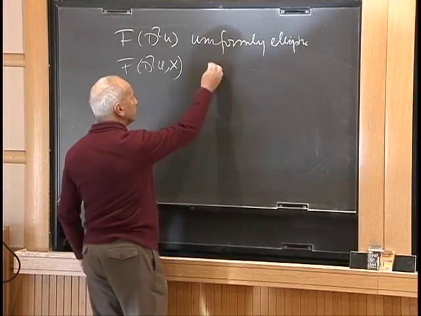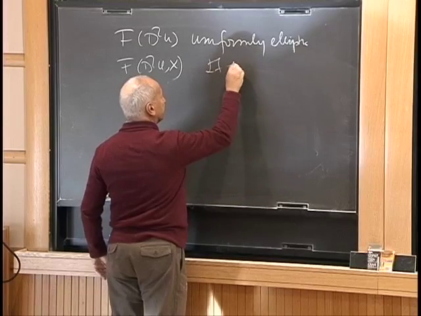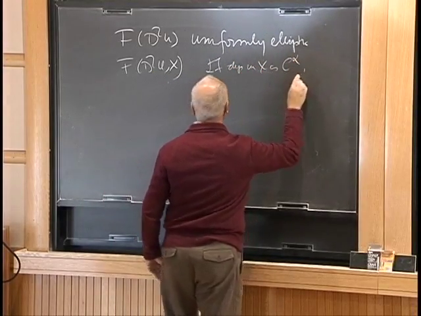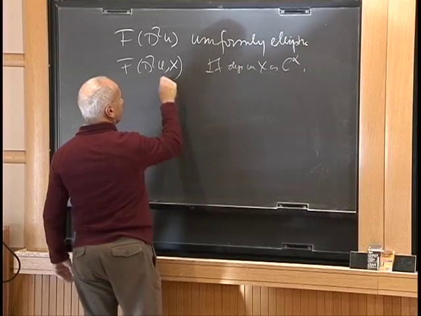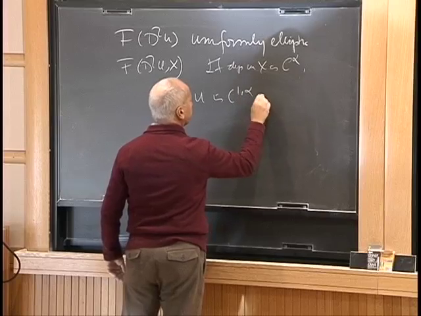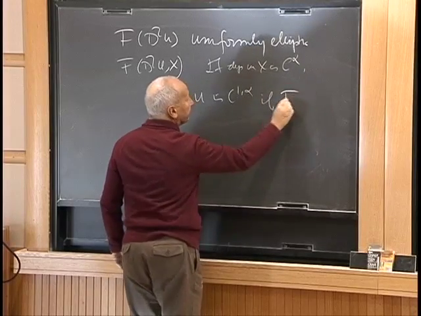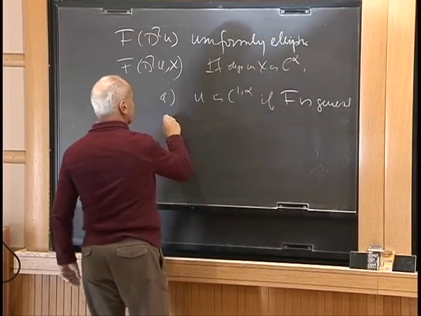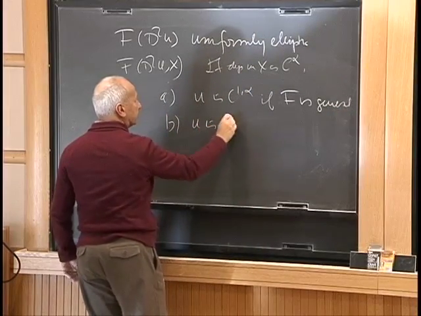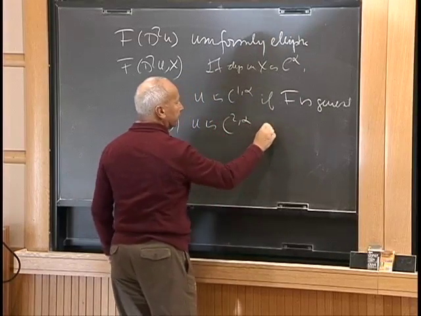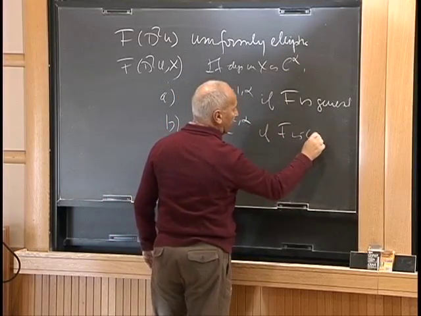Okay, so if the dependence in x is, let's say, C alpha, then (A) we have u is C1 alpha if f is general, (B) u is C2 alpha, bounded solutions u, C2 alpha if f is concave or convex.